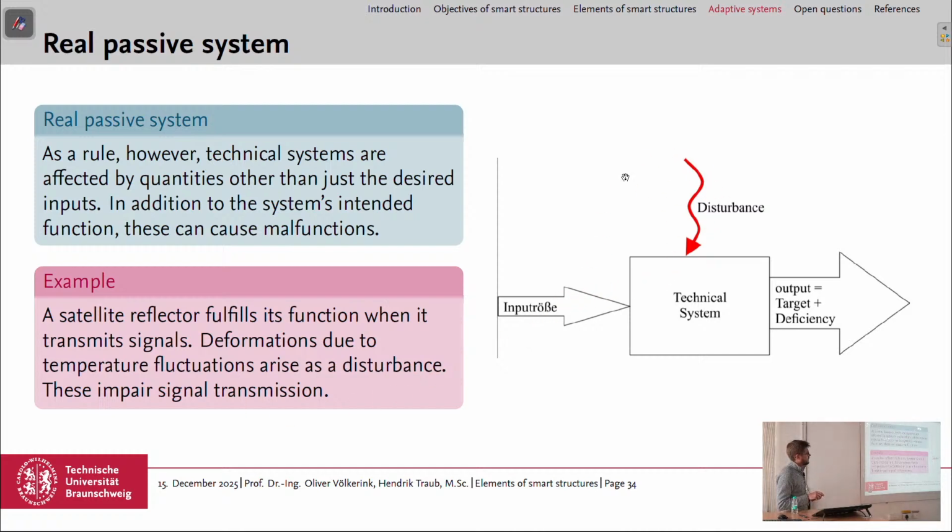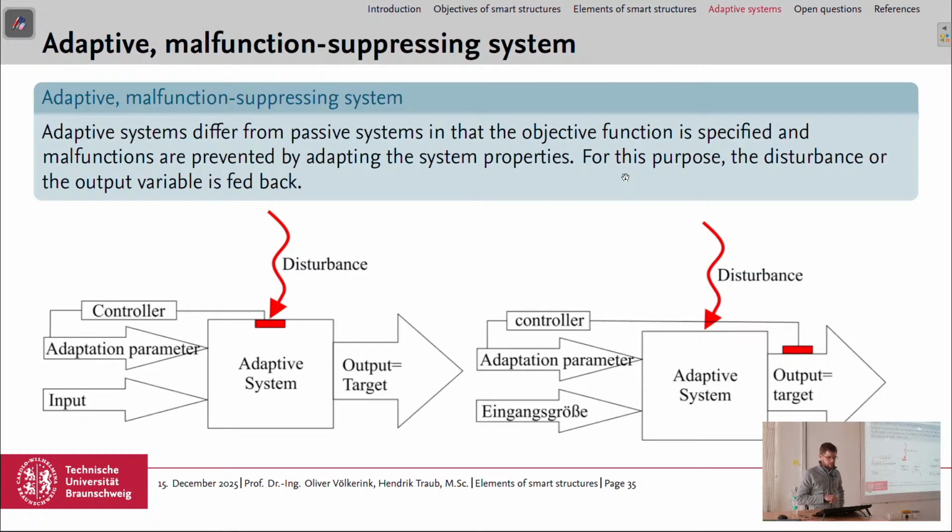So what could we do? We can build adaptive systems which suppress these kinds of malfunctions. They differ from passive systems in that the objective function is specified and malfunctions are prevented by adapting the system properties.